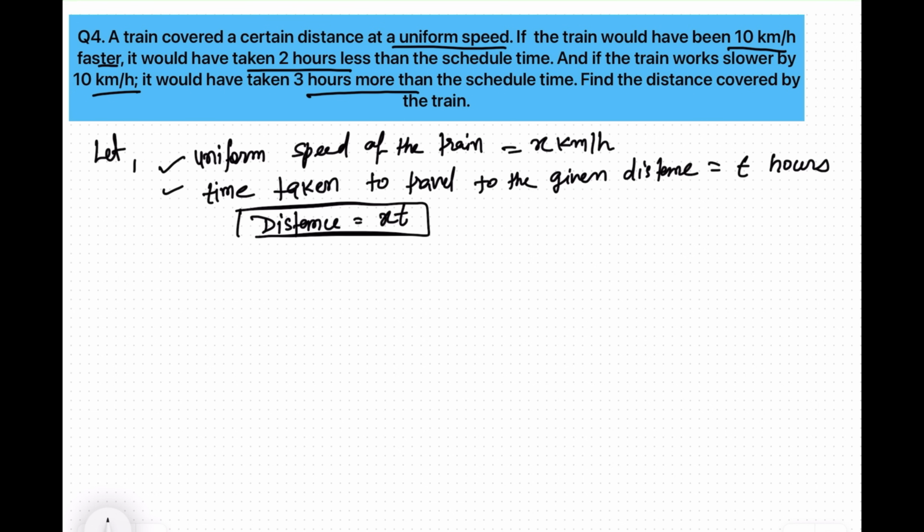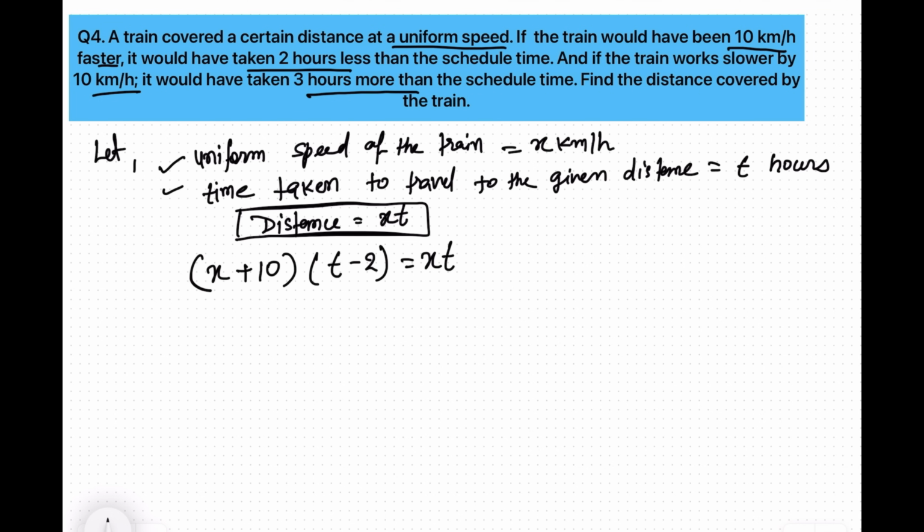This is important, right? Now come back to the first situation. What they said: when the train would have been 10 kilometers per hour faster, I mean the speed will increase by 10, the time will be 2 hours less and the distance is the same, correct?